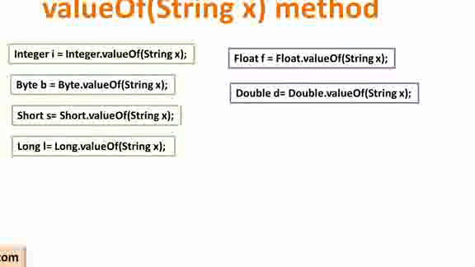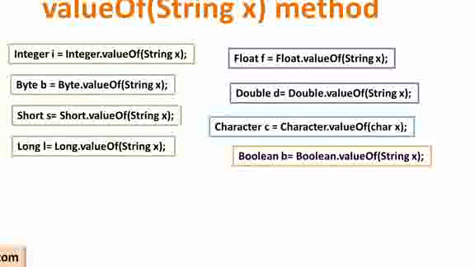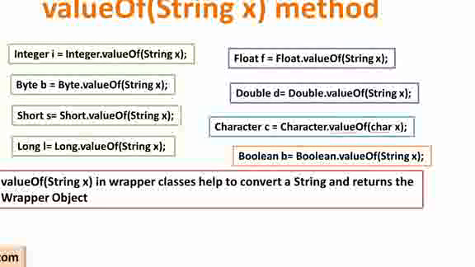You should remember that valueOf for Character accepts a char instead of a string. Other than that, everything is normal with this method. It helps to convert a string and returns a wrapper object. This is an effective way of creating objects instead of using the new operator. This is a static method.